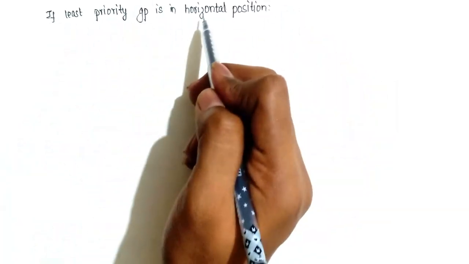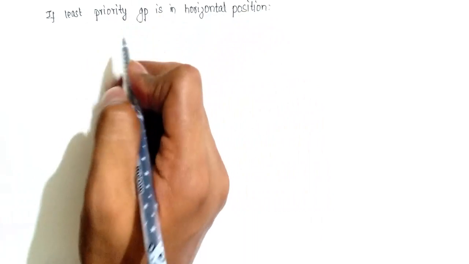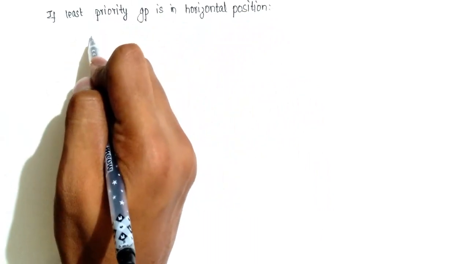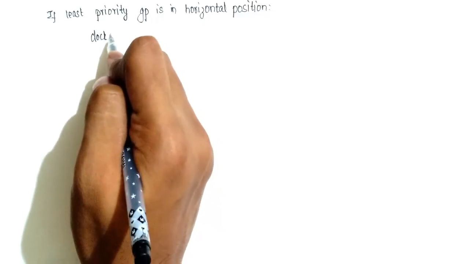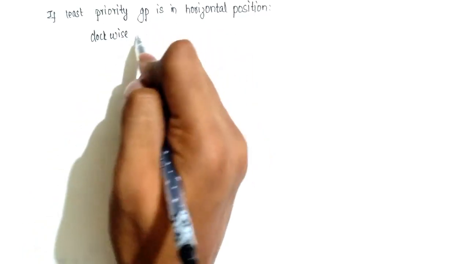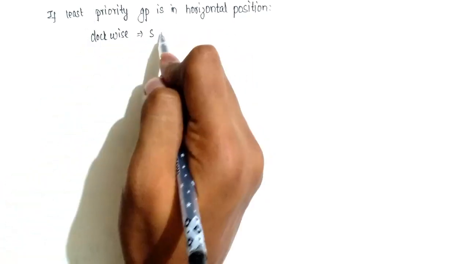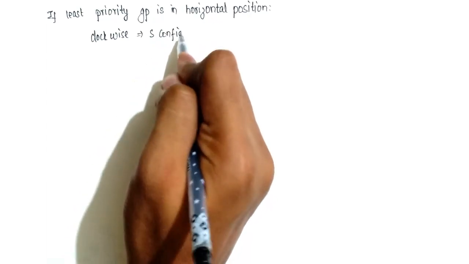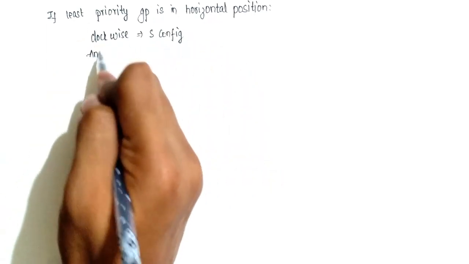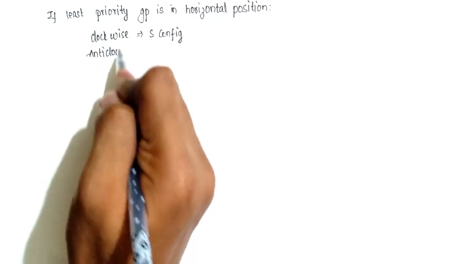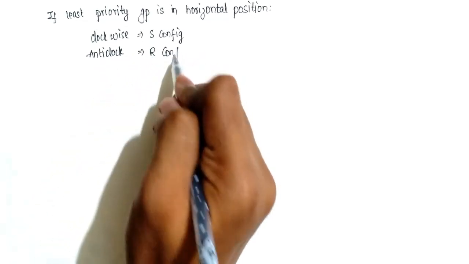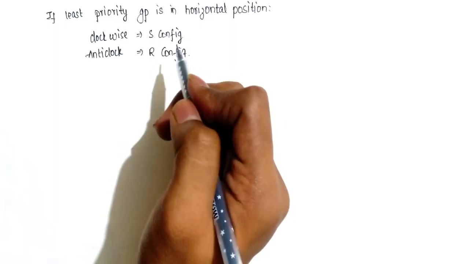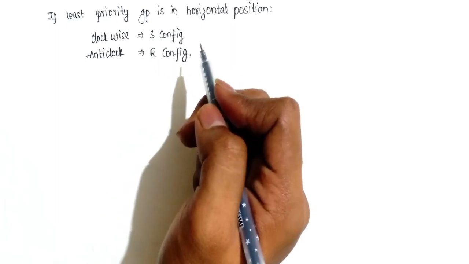If the least priority group is in horizontal position, then if it is clockwise, S configuration, and if it is in anti-clockwise, R configuration. So now let us see an example.